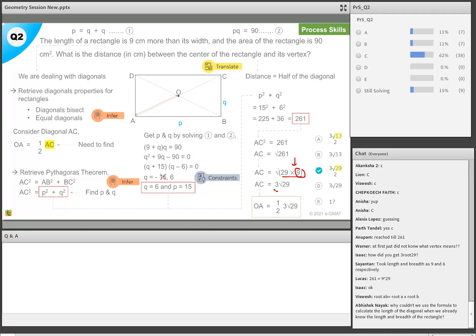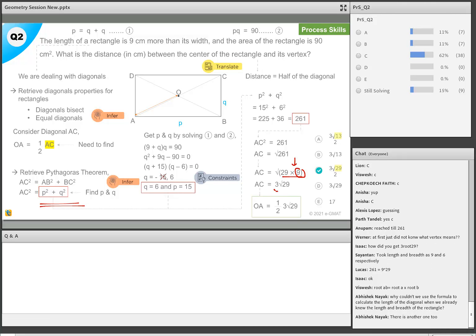Why couldn't we use the formula to calculate the length of the diagonal when we already knew the length and breadth? We use the same formula, correct, Abhishek? I'm not very sure if we use something else. We use the formula over here to calculate the diagonal's length. We use the Pythagoras formula. I'm not very sure if there's another formula to calculate the diagonal of this figure. Can you help me out with the formula, Abhishek, please?